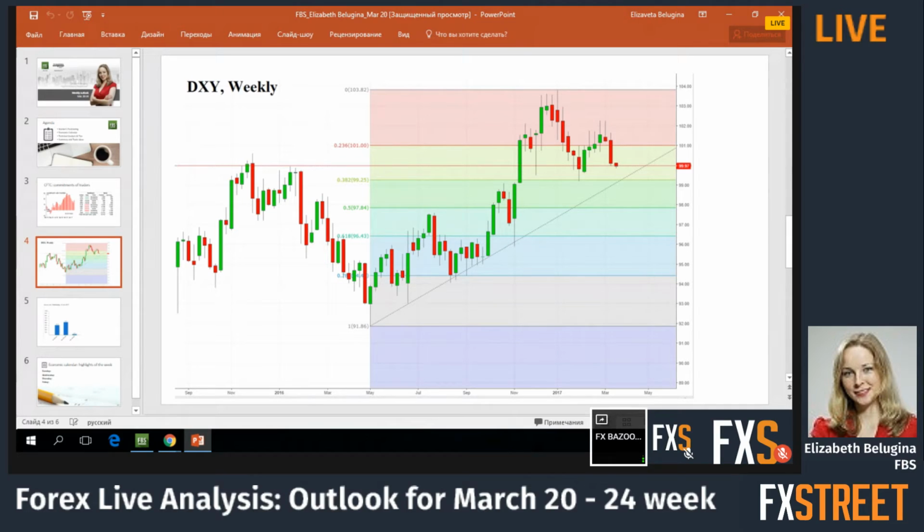Kashkari explained his position, saying that he thinks US economic growth is a bit worse than the Federal Reserve wants to see it, and that inflation in the United States isn't too high either.